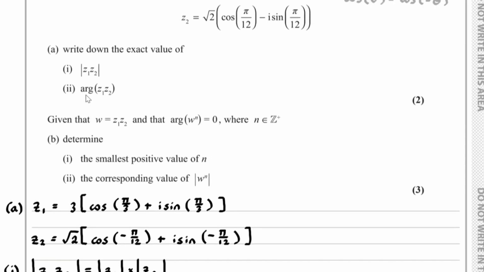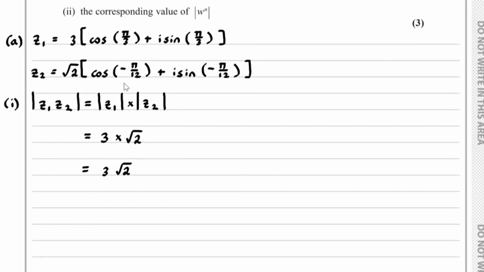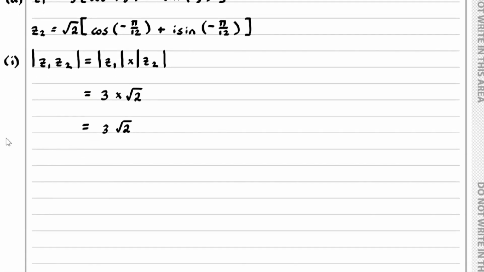And to calculate the argument of z1 z2, that result is equal to the argument of z1 plus the argument of z2.